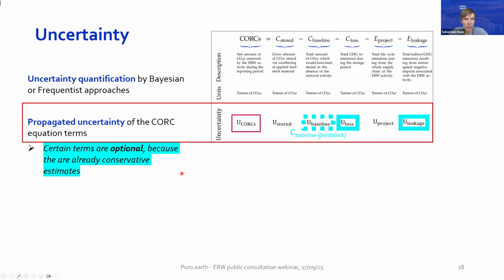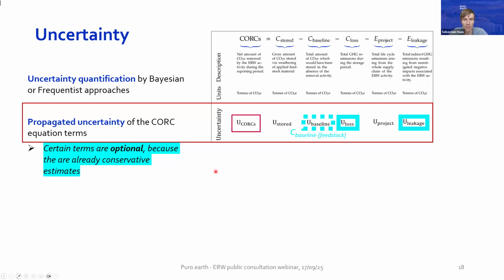Not each of these terms shall be quantified. Some of them are optional. These include the uncertainty around leakage, the uncertainty around the loss term, and the uncertainty about the feedstock component of the baseline term. So not the field component. The field component uncertainty needs to be quantified. But for these three, it's optional.